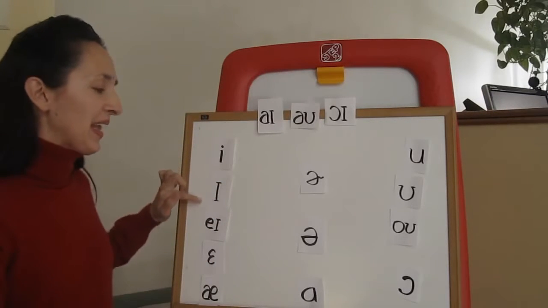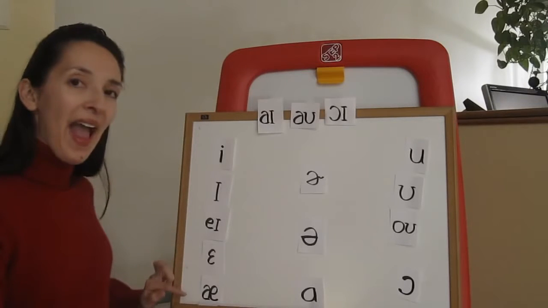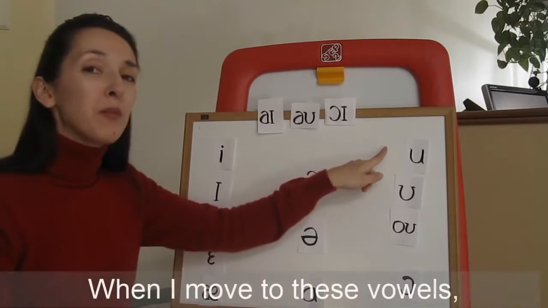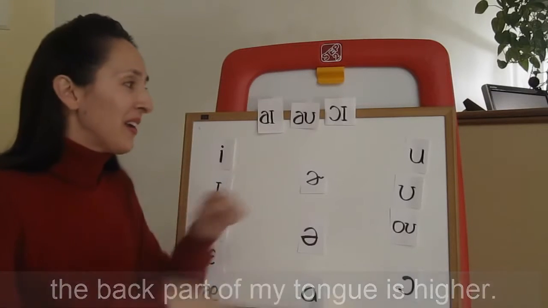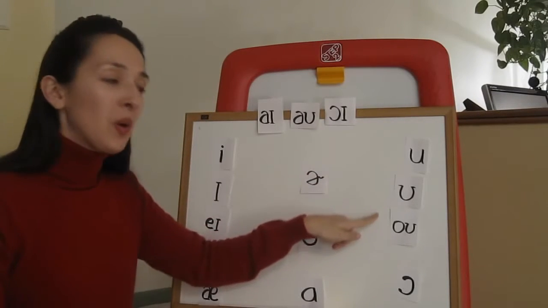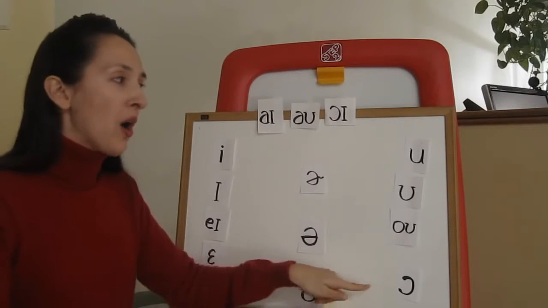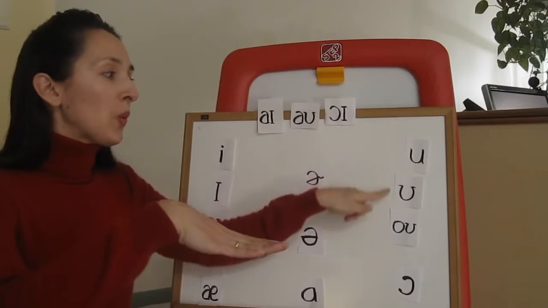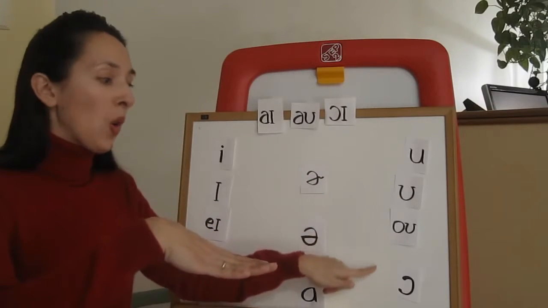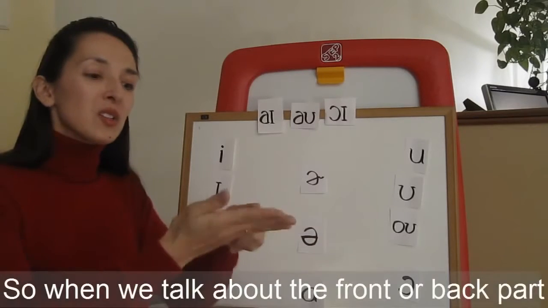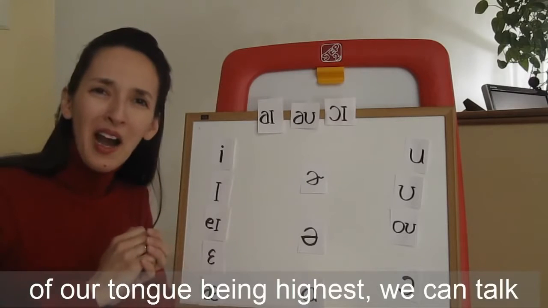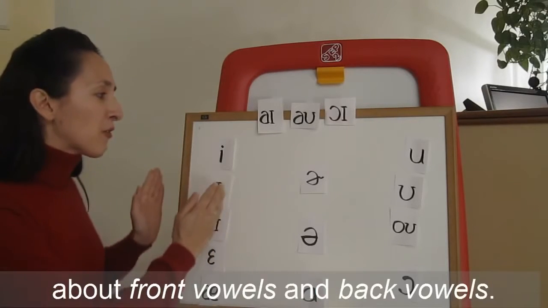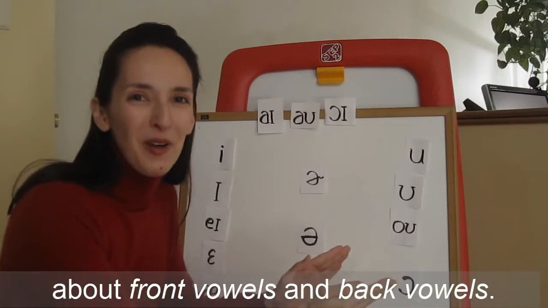When I move to these vowels, the back part of my tongue is higher. U, O, A. So when we talk about the front or back part of our tongue being highest, we can talk about front vowels and back vowels.